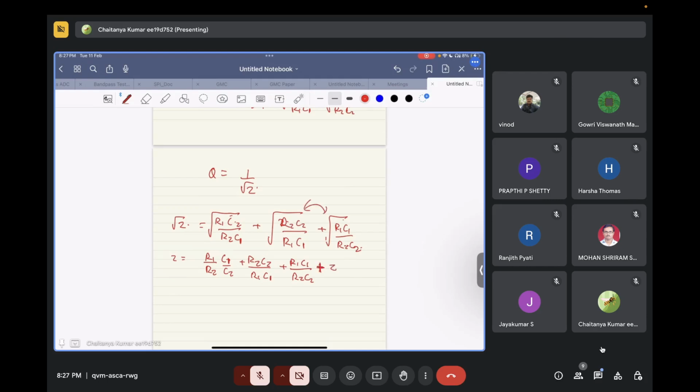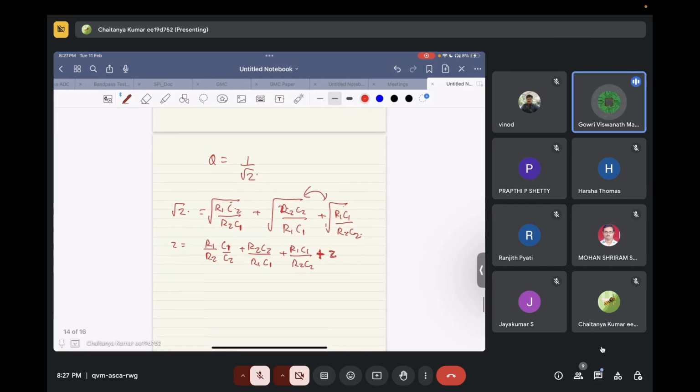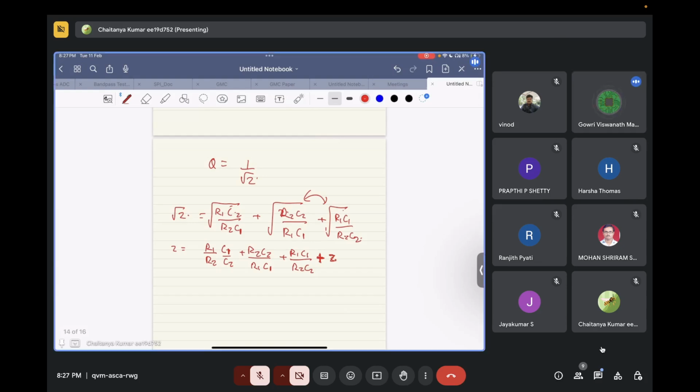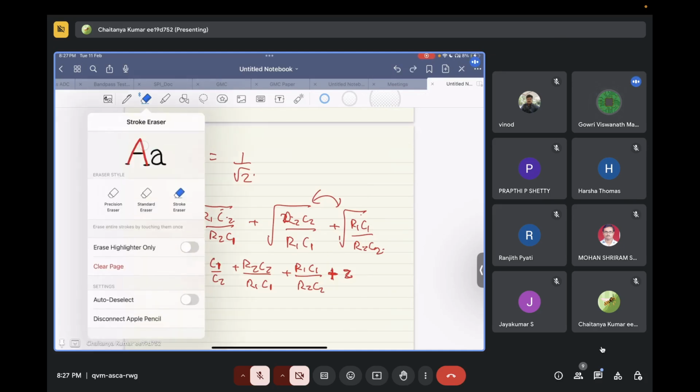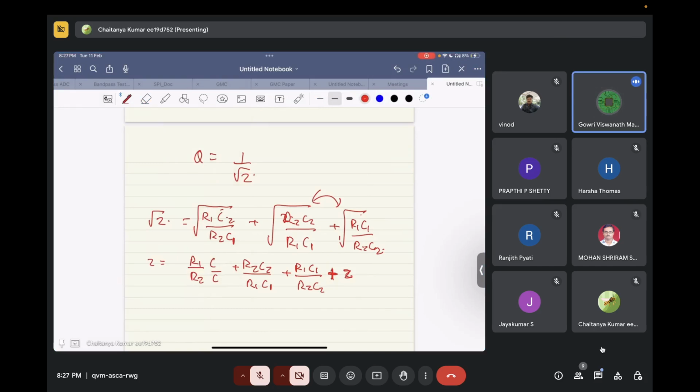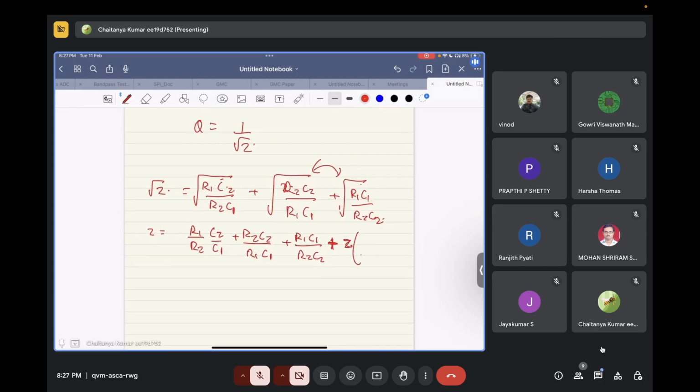So the first term is R1 C2 by R2 C1, correct. So piecewise their multiplication will give us C2 by C1 plus R1 by R2 plus 1. Right?